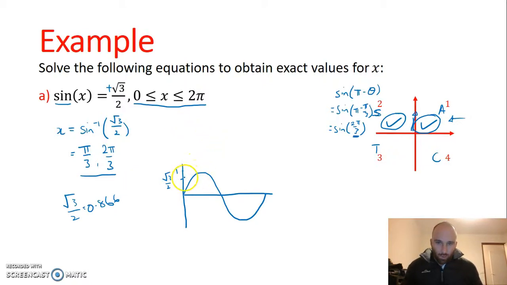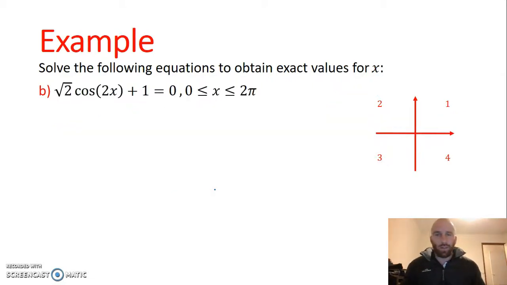For one full revolution, where this is 2 pi, remember our domain runs from 0 to 2 pi, we actually get two solutions. The first one being pi on 3, and the next answer being 2 pi on 3. That's what we're trying to find. So we need to always work out how many solutions we need to find. I'll touch on a few different examples as we move on.